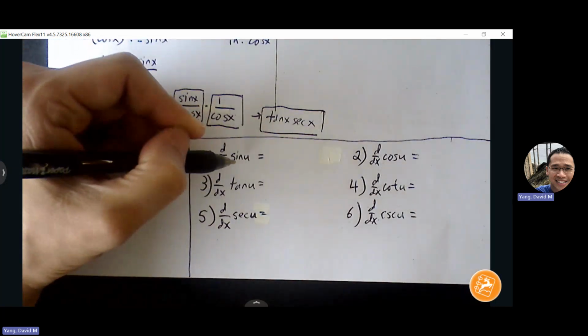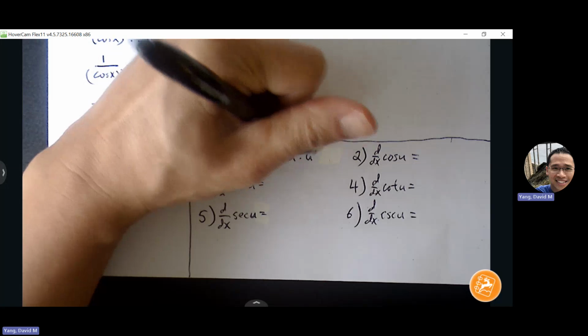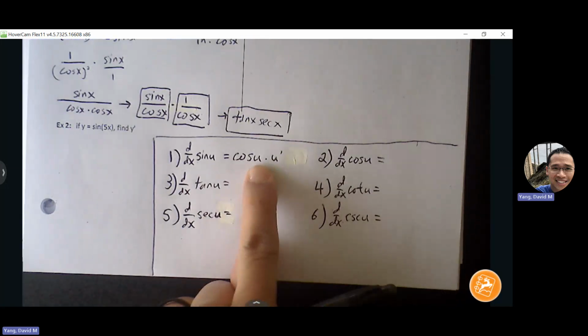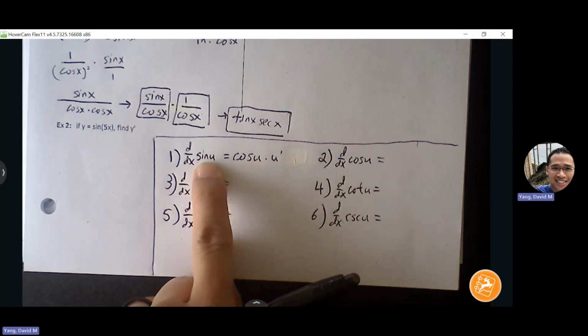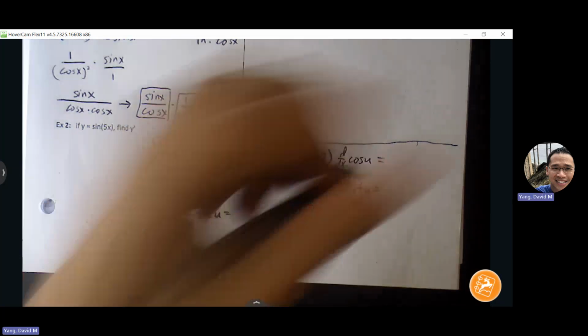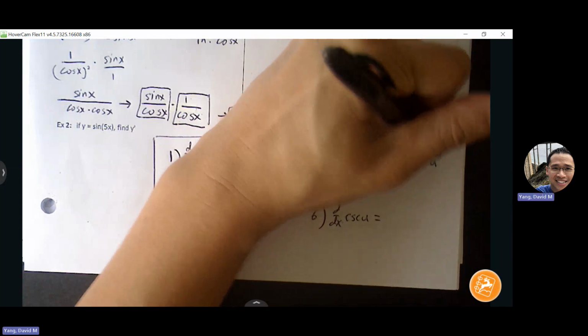So the derivative of sine is cosine of u times u prime, as a reminder that we always want to look for that chain rule portion, especially if there's something other than x inside your u. Cosine's derivative is negative sine of u times u prime.